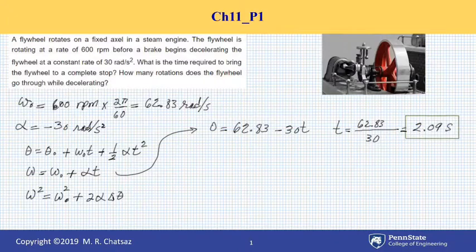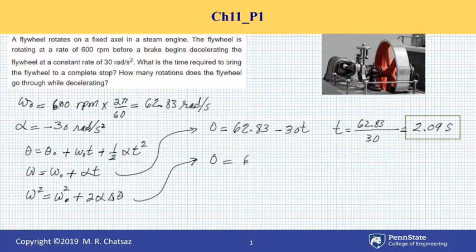Okay, so I have this time, and then as far as the number of revolutions are concerned, since I have one unknown, I can use this equation. I have the final speed of 0.